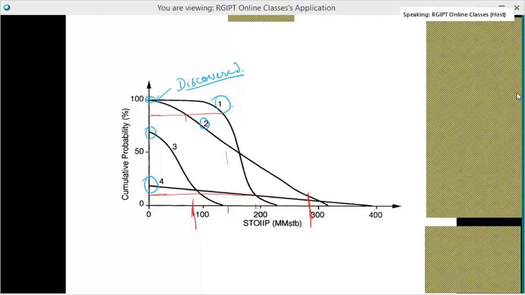Now, typically, the uncertainty between P90 and P10 can be estimated from the ratio between the two reserves, P10 over P90.